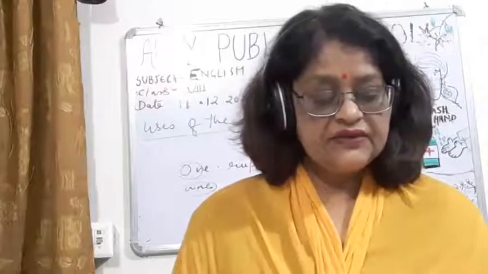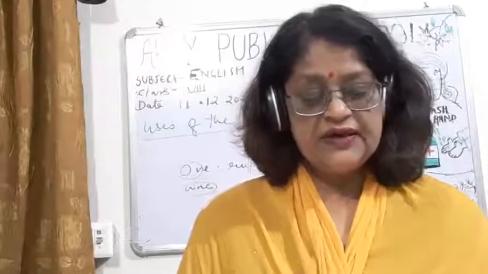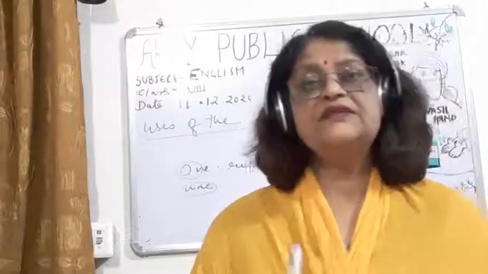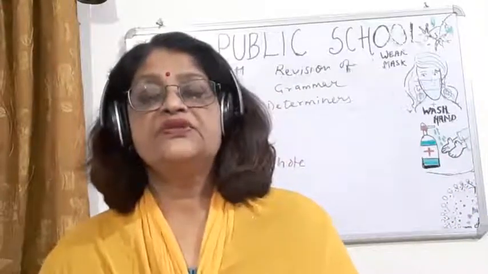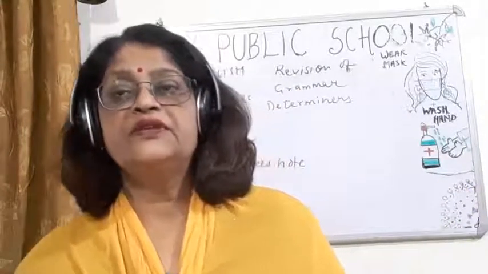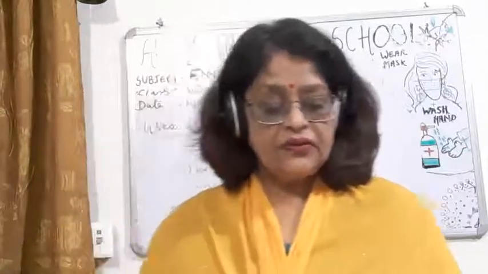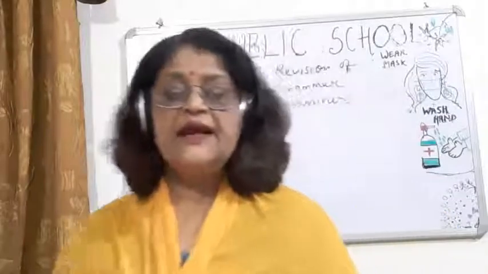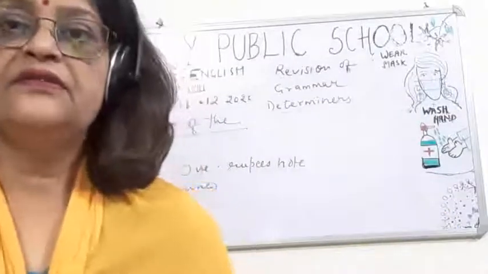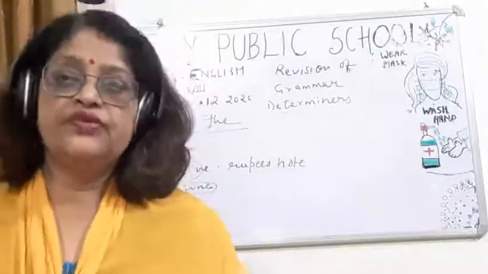This and these refer to the things that are near and can be seen. This is used for singular, these is used for plural. Okay, that and those are used to refer to things that are at a distance.